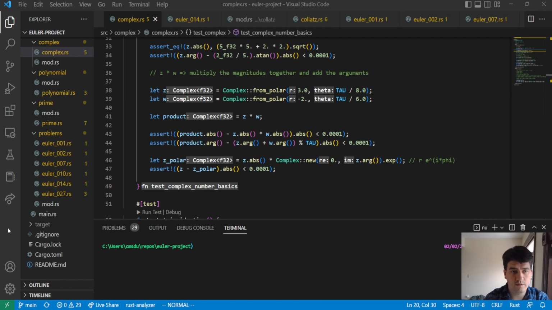And within this we'll need mod.rs, and we'll want Eisenstein.rs, and we'll want hex.rs.